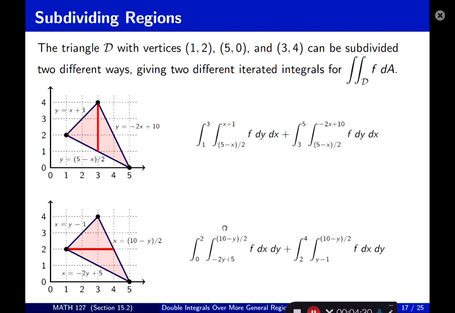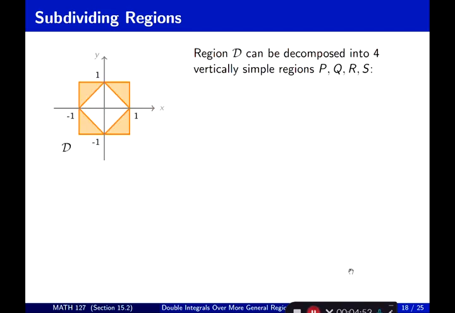And for the other one, y goes from 0 to 4, and the lower bound is y minus 1, the upper bound is 10 minus y divided by 2. And that's how we set up the integral, both with two pieces that are vertically simple and two pieces that are horizontally simple.